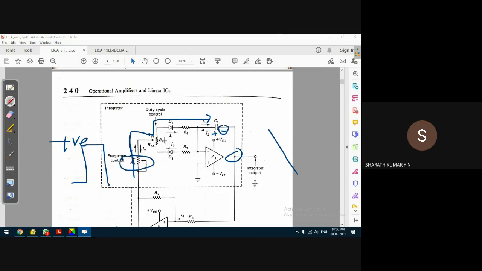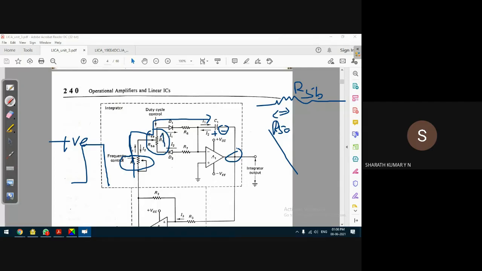Now, depending on the R5 position, the resistor R5 is divided into two parts. The first part is R5A, and the other part is R5B. R5 is equal to R5A plus R5B.